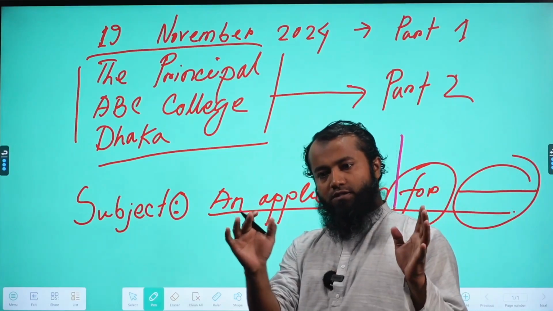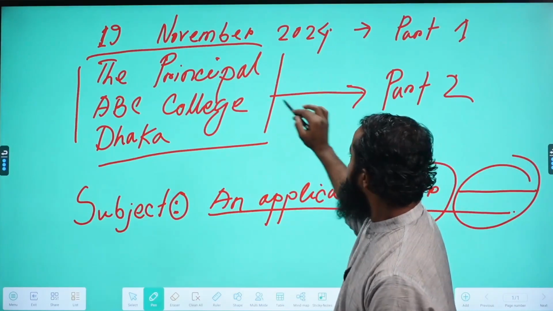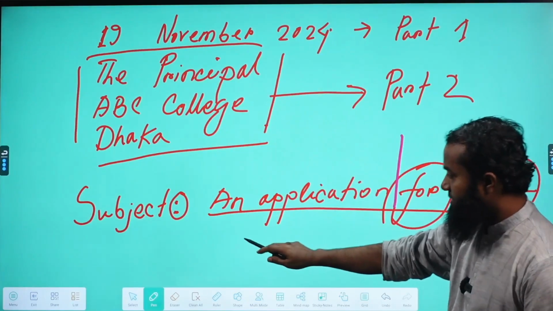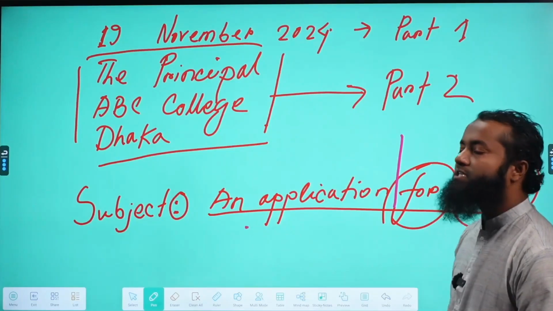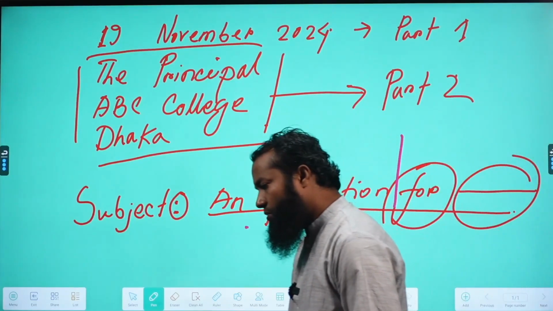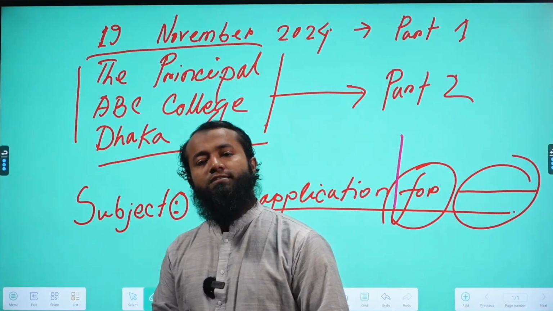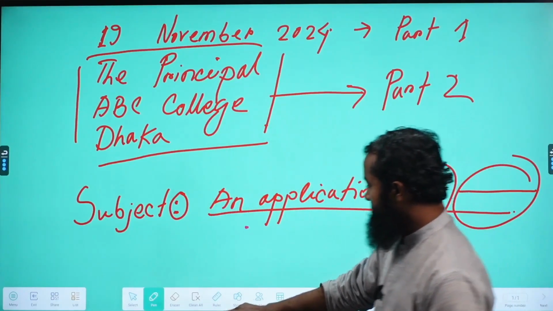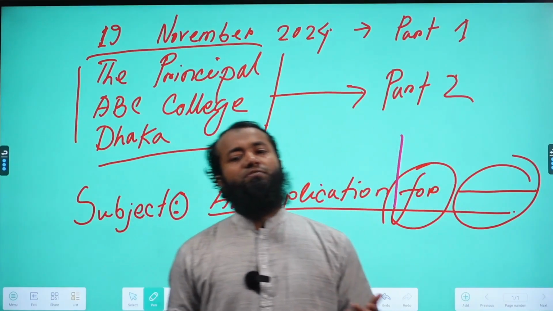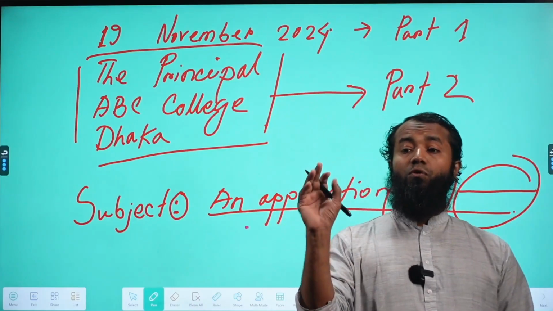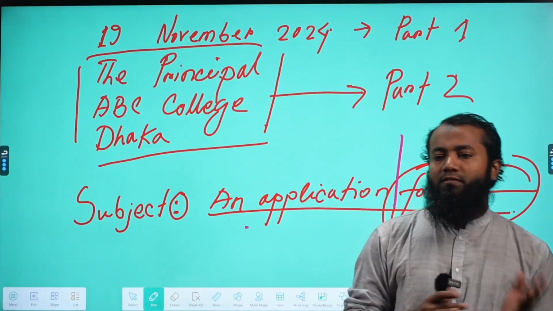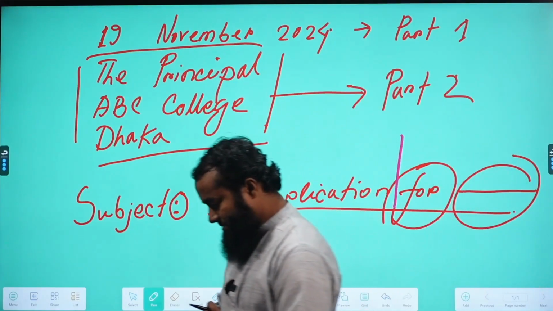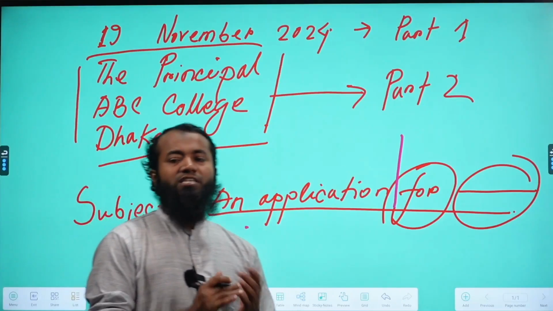So we have already got the first one, date, and the second one, inside address, and the third one is subject line. Now the fourth part is salutation, right? How to write the salutation? We know the salutation refers to those words that express our respect to someone.